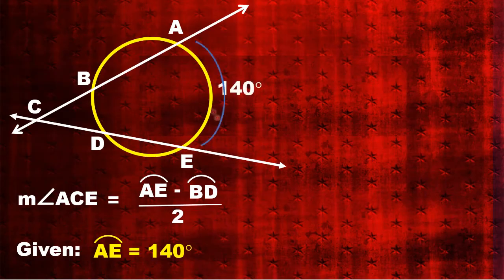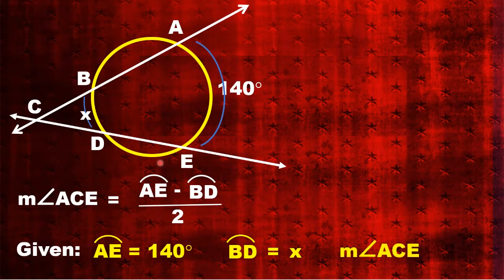Same figure again, but this time, the given is arc AE is equal to 140 degrees, at ang nawawala naman natin ay yung smaller intercepted arc, which we will represent as our X. And the measure of angle ACE is 55 degrees.